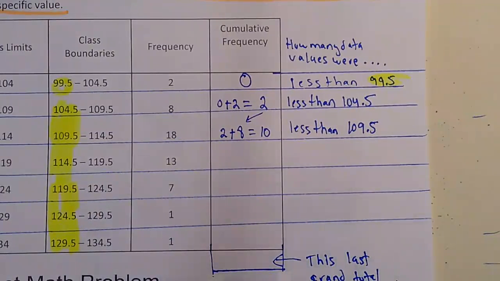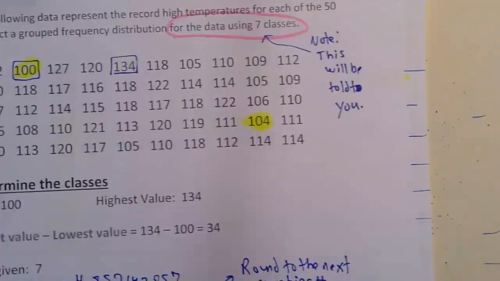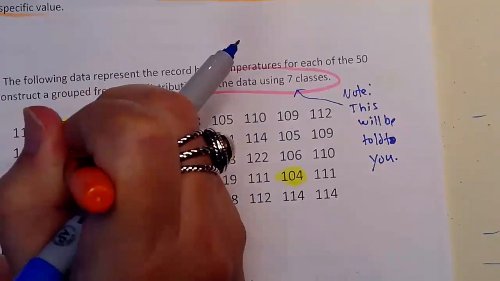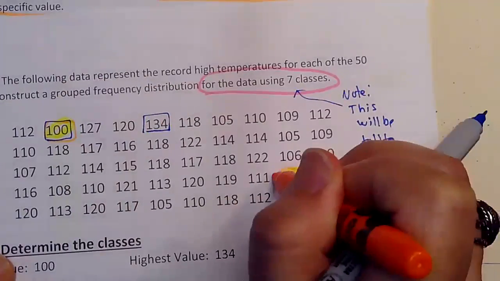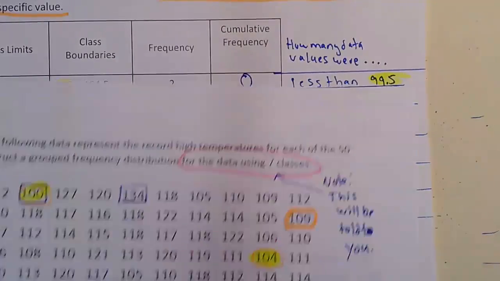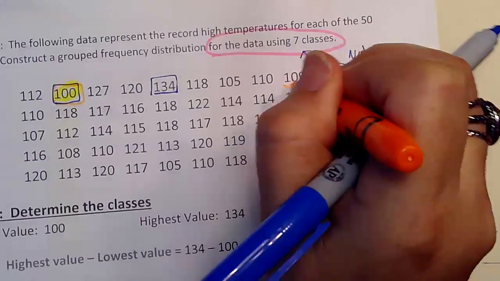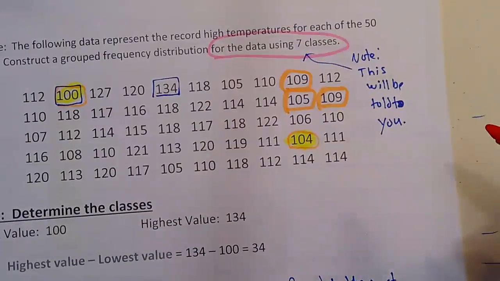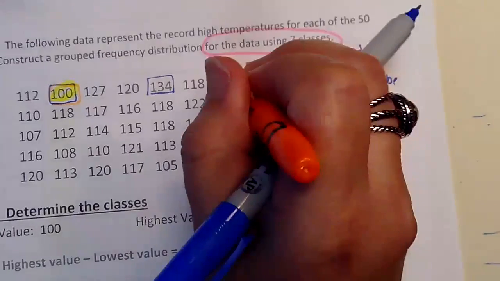So I can go back and let's find those 10 that were less than 109.5. So we've got the yellow, so we need 8 more. So see, like 109, that's less than 109.5. There's another 109. Here's 105. Here's 105.